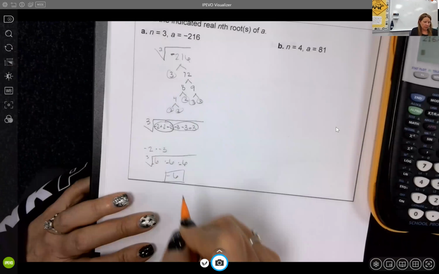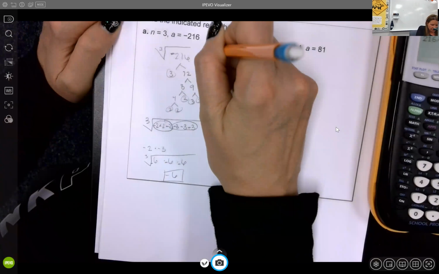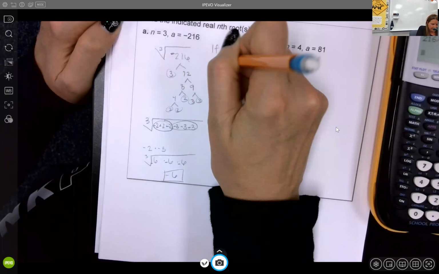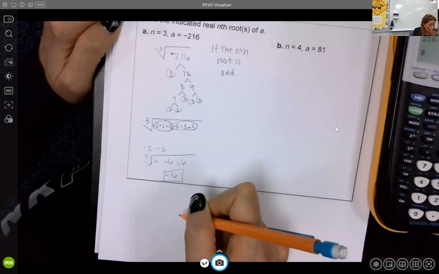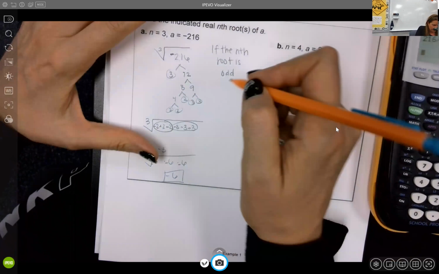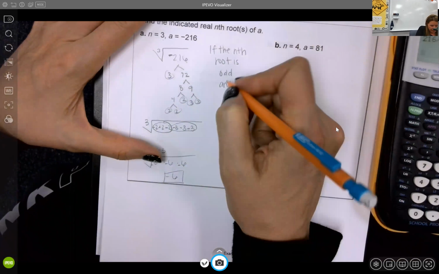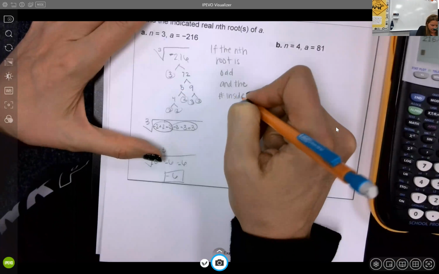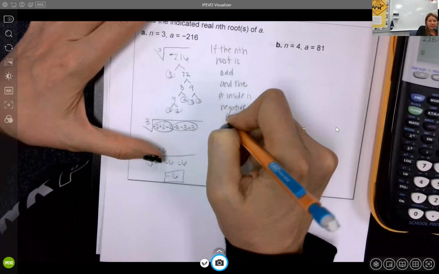Okay, so the rule is if the nth root is odd, okay, so if the nth root is odd, and the number inside is negative, then your answer is negative.